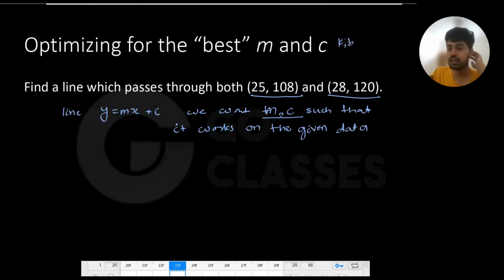We use the given data and we say that these 2 values should at least work for that particular data. And whatever works, I'll use that one for making further predictions. So in this case as well, we'll do the same thing. This is my model, and I want to find the value of m comma c which works for the given data.